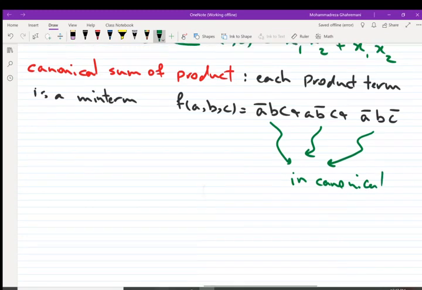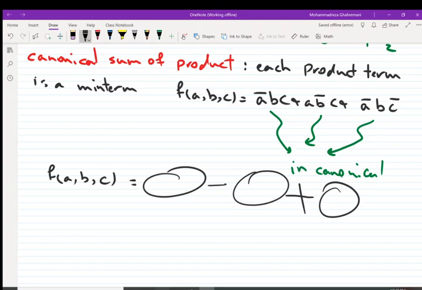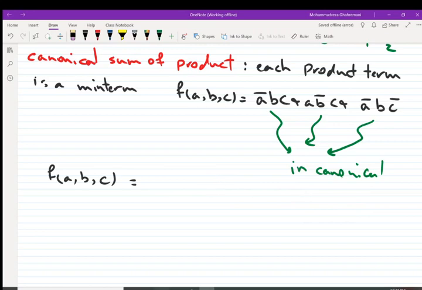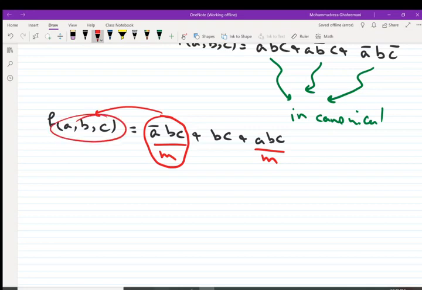Let's show one example which is non-canonical. Let's say we have this function f of a, b, c. We know that in a sum of products, we should have some products that we OR together. So if these products are like this, a bar b c plus b c plus a b c, we see that this one is a minterm, and this one is a minterm. How do we know? Because they contain all the variables a, b, and c.